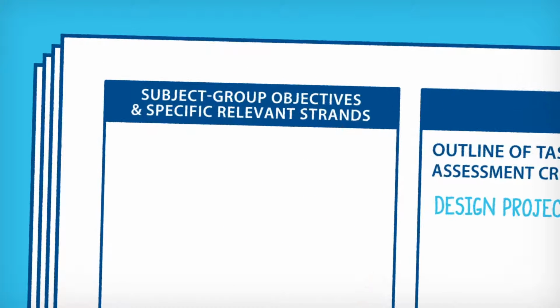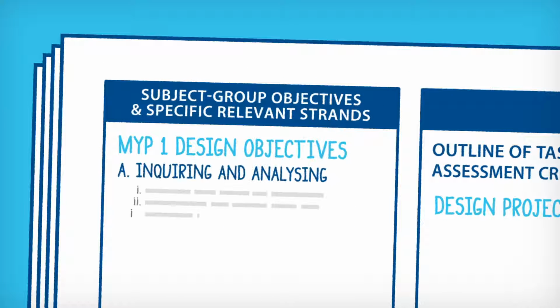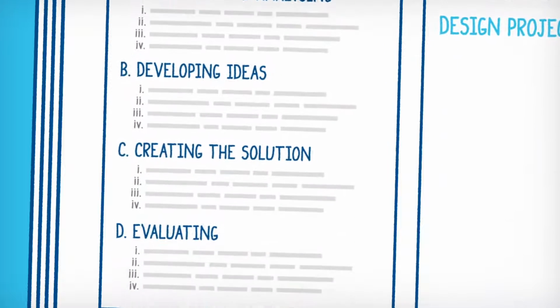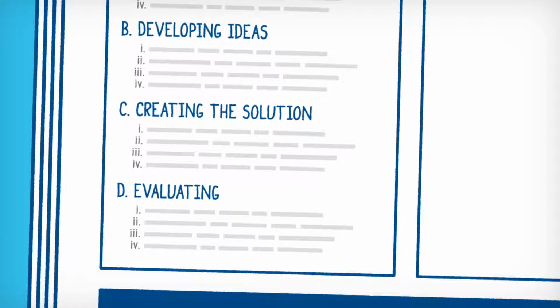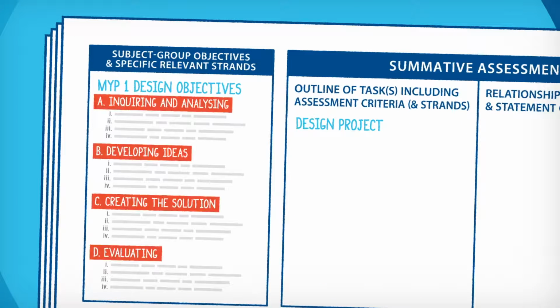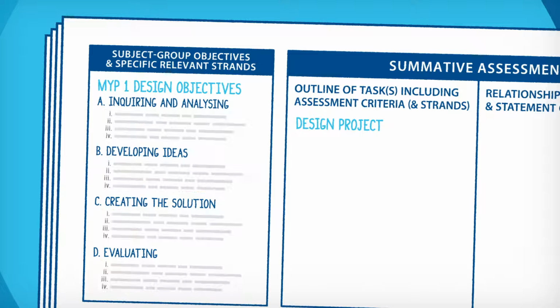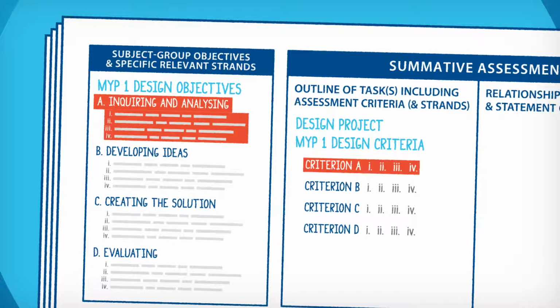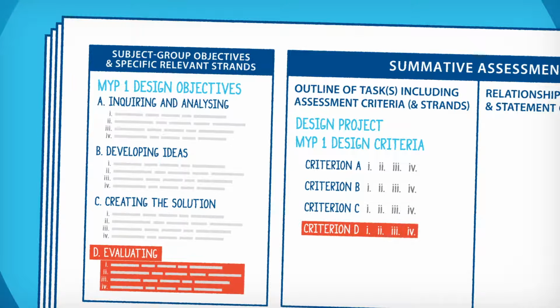As this type of design task needs to include all strands of all 4 criteria, the corresponding objectives from the appropriate year level should be identified. Remember, the objectives and objective strands you identify in this section of the unit plan will match the criteria and criteria strands that are used to assess the summative task.